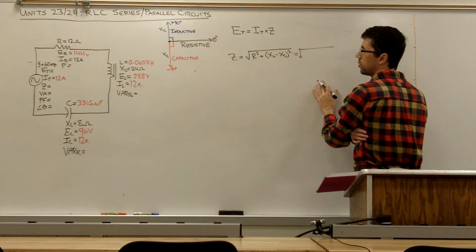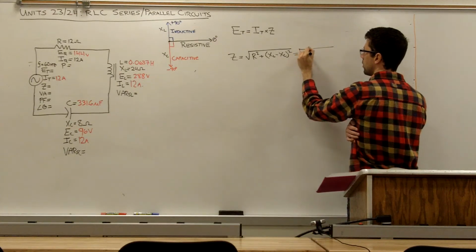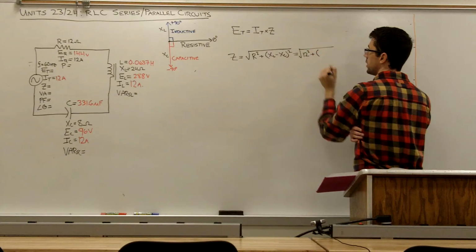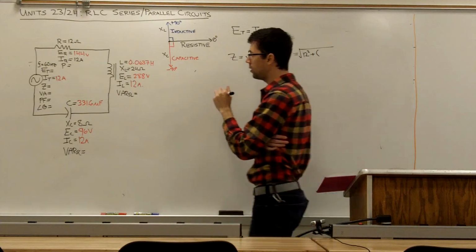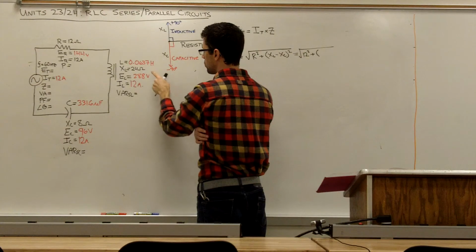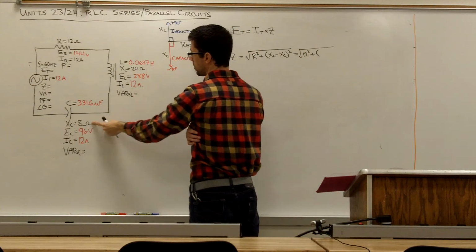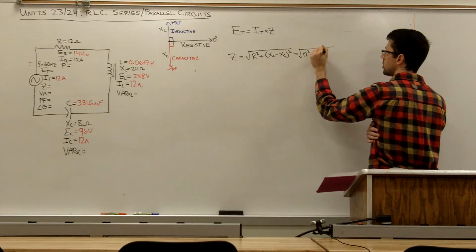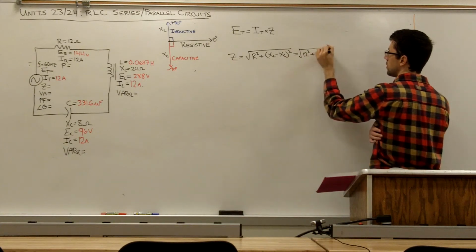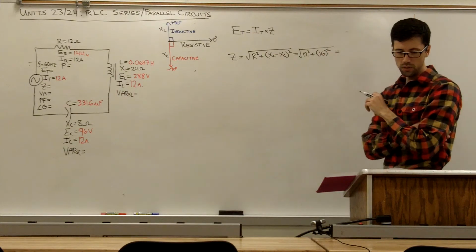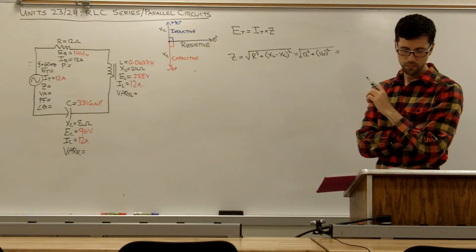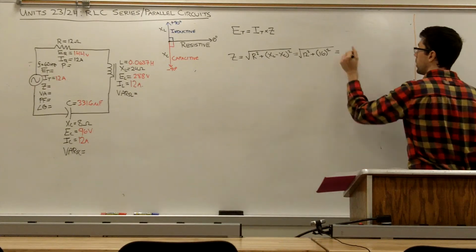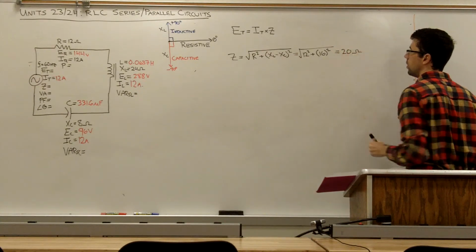So this is going to be the square root of 12 squared plus X sub L, which is 24, and we're going to subtract X sub C, which is 8. That gives us 16, which will give us a total impedance of 20 ohms.